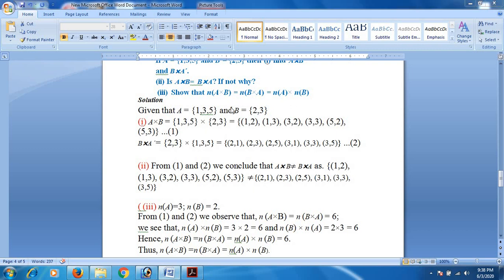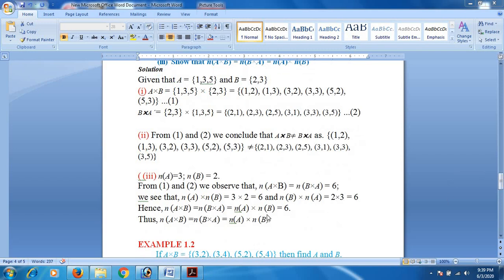Now n of A. There are 3 elements in A, A equal to 1, 3, 5. So we can write n of A equal to 3. B has 2 elements, so n of B can be written 2. So n of A times n of B equal to 2 into 3, 6. So n of A cross B equal to n of B cross A equal to n of A times n of B equal to 6.